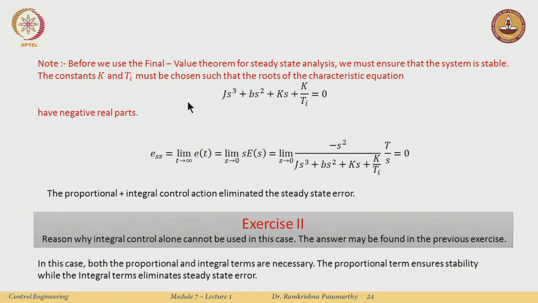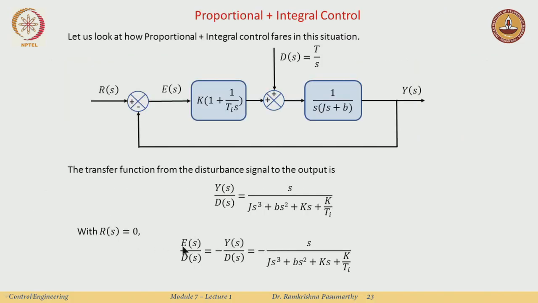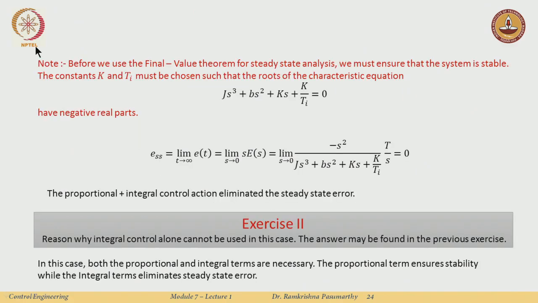Now, I might be tempted to directly use the steady state error formula from the final value theorem to see the steady state error to a step disturbance while using proportional plus integral control.